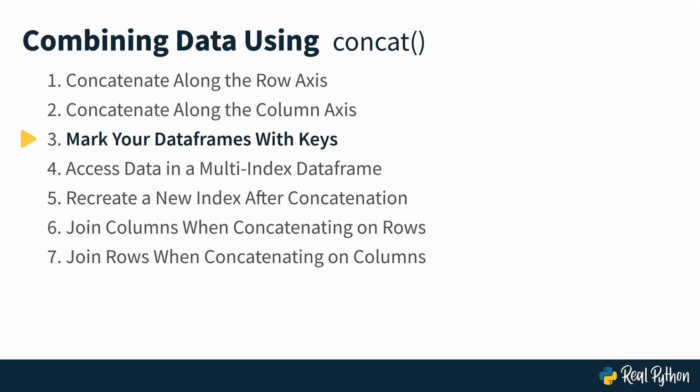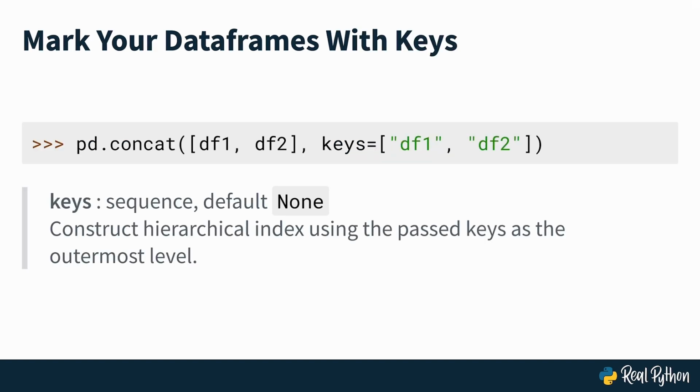In this lesson, you've used the optional keys argument to pd.concat to mark your data frames and avoid collisions that come from duplicate label values after concatenation. And you did that using pd.concat and then passing in the keys parameter with an iterable, and often you would just put in the names of the data frames that you were actually concatenating.